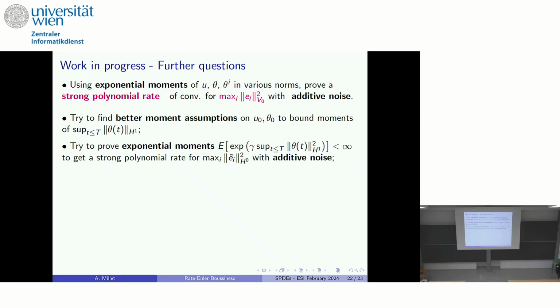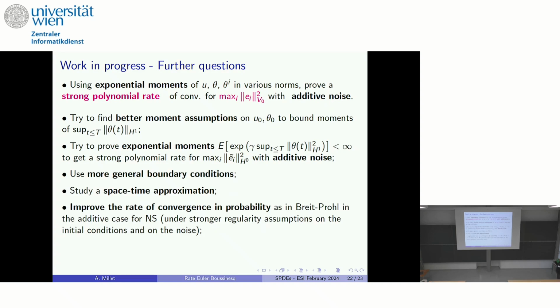So we would like to get rid of these kind of strange assumptions of raising exponents. Well, we would like to prove exponential moments uniform in time for the H1 norm of the temperature, but this might be out of reach. I don't know. That would enable us to get a polynomial rate of convergence for the error term for the temperature.